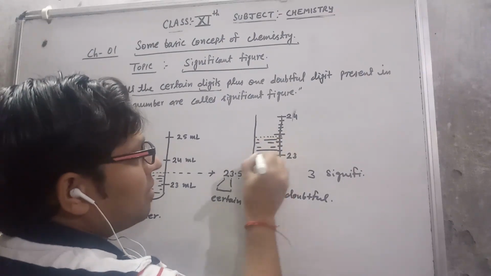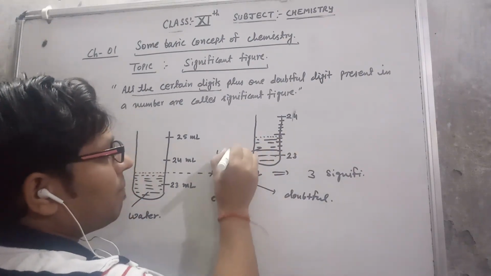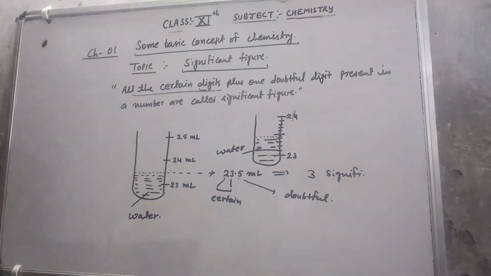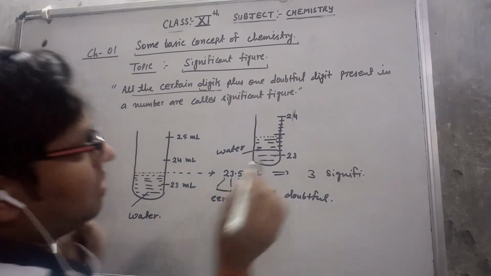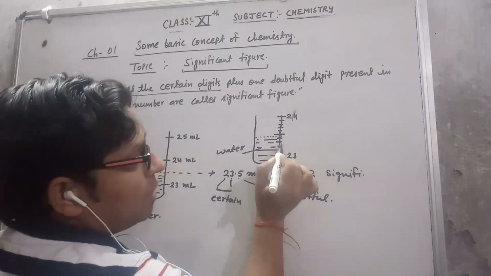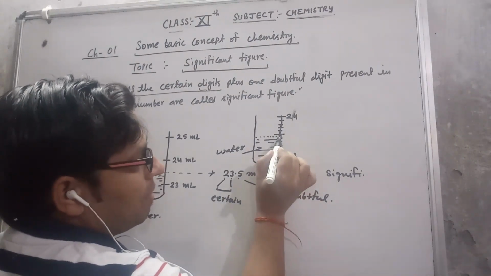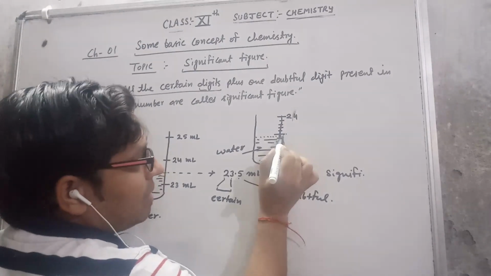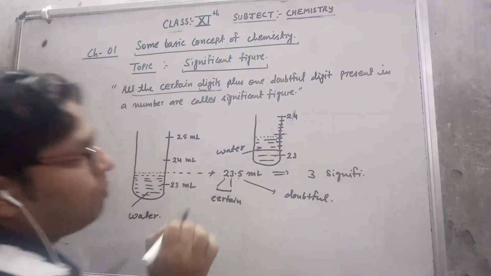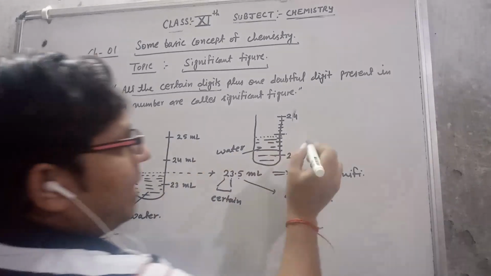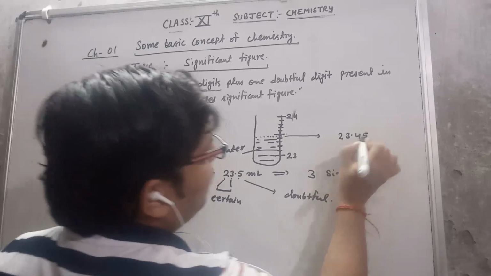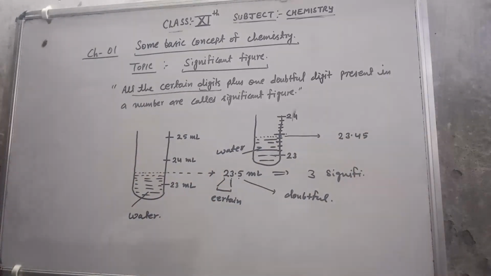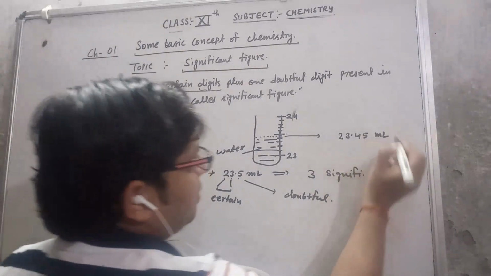Now if I ask you what is the volume of water present in the container, what will you say? This is 23, 23.1, 23.2, 23.3, 23.4, then 23.5, but the water is lying between 23.4 and 23.5, so I can say that this value is approximately 23.45 ml. That much value is available here.